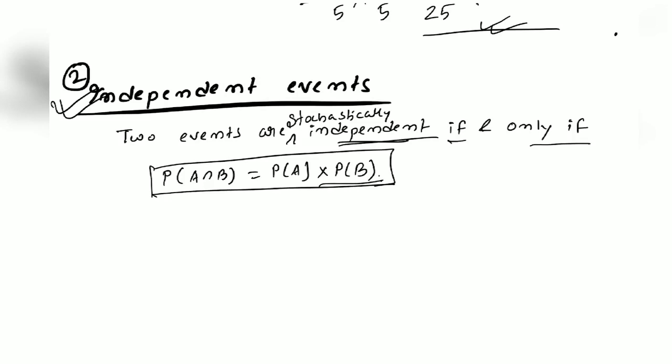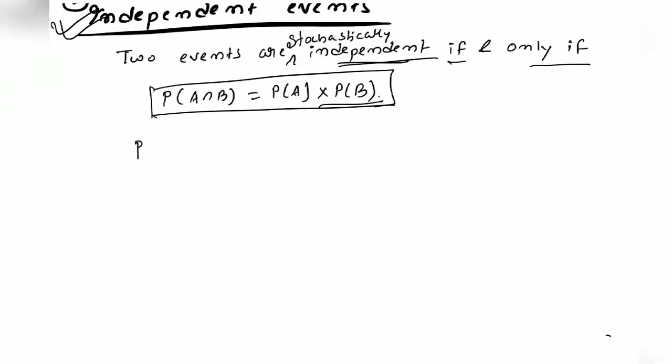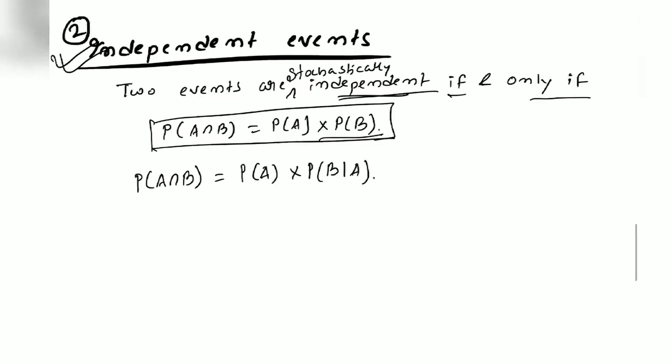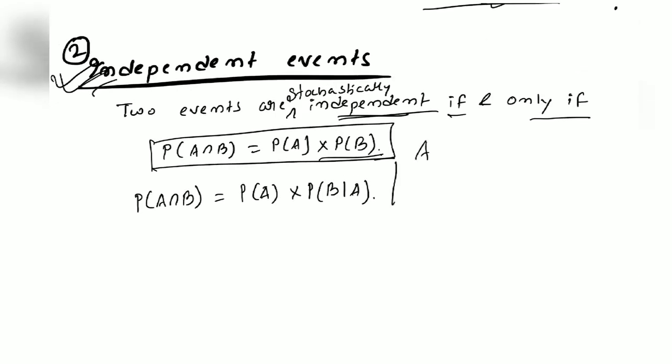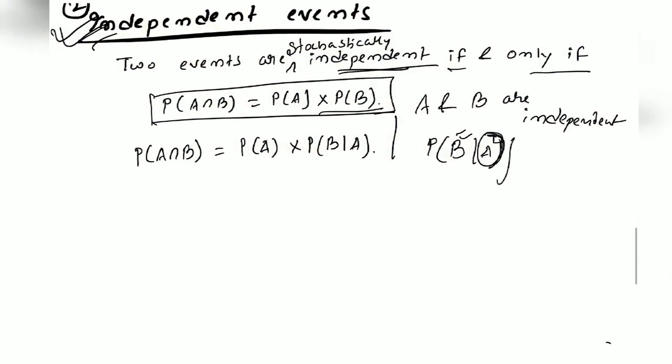We can actually prove it. How can we prove it? Just recall the multiplicative property when we used to write P of A intersection B is equal to P of A into P of B given A. Now we are saying that these two events, A and B, are independent, so occurrence of B given A does not depend on the occurrence of A. If it is given that A has already occurred, whatever effect comes on B is irrespective of the occurrence of A. I think you got it.